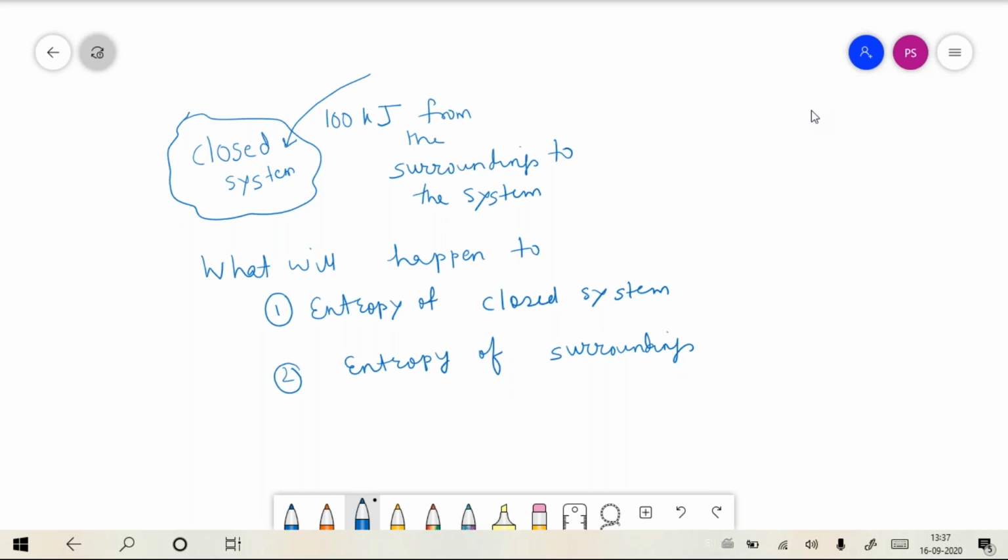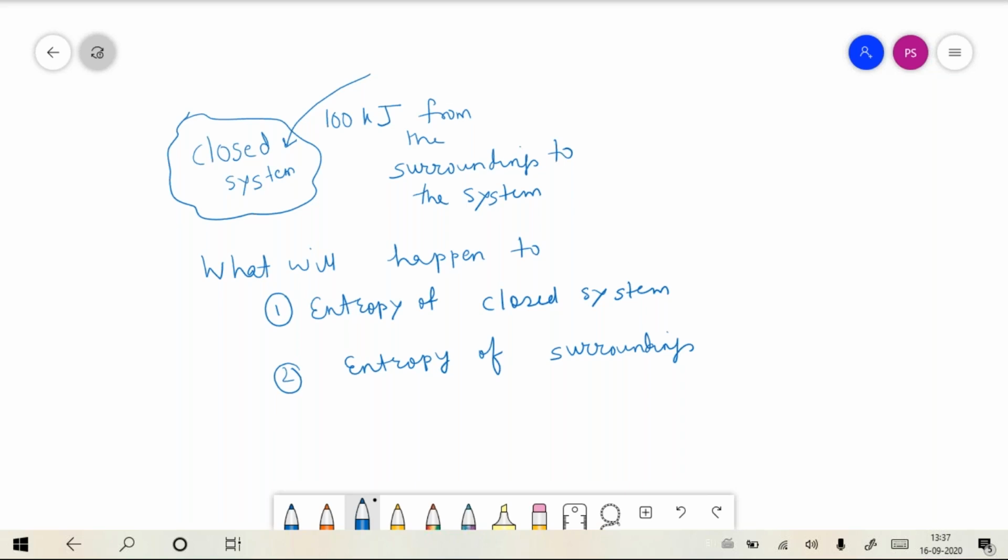Without going into much detail, Kunal, you are right, your answer is right. Now can you see the whiteboard? Can you see the whiteboard? Okay, thank you.